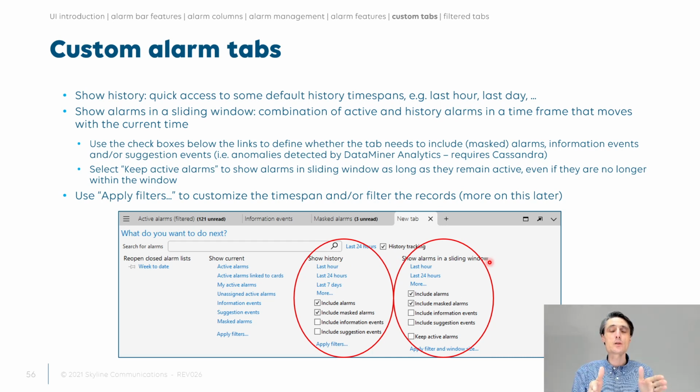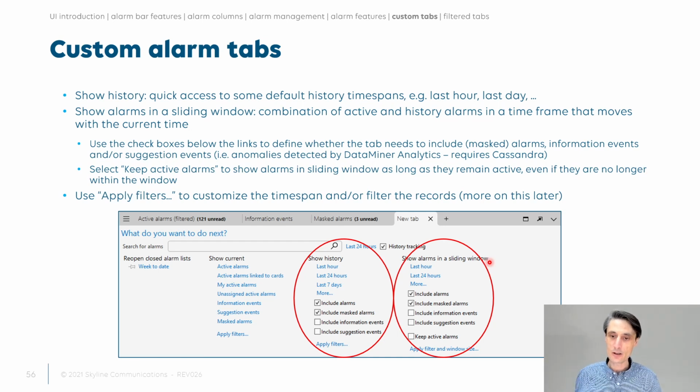If I say last hour now, it's an hour ago until now, but if I wait 15 minutes, I move forward in time, but my time slot remains there in the past and goes further down in the past. With a sliding window, it actually is the last hour and moves along with us in time. So if I wait an hour, it actually moved an hour in the future, or with us in the future.